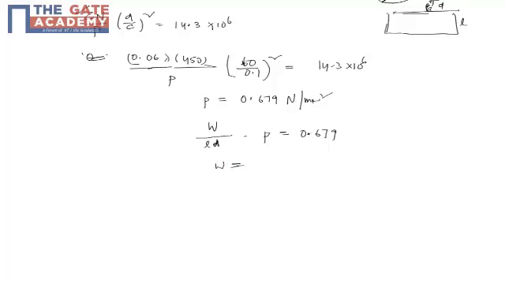So W would be 0.679 into length 90 into diameter 60. From this, the value of W we get is 3.67 kilo Newton. So 3.67 kN is the safe load. Thank you.